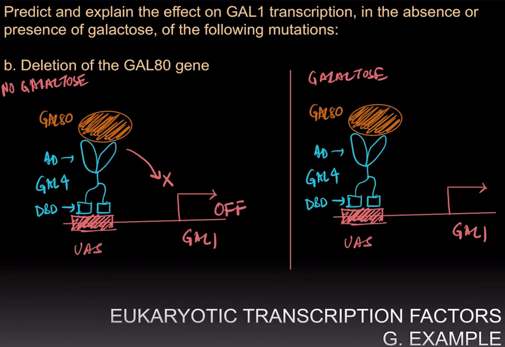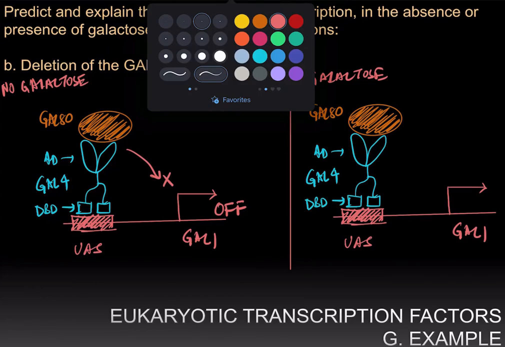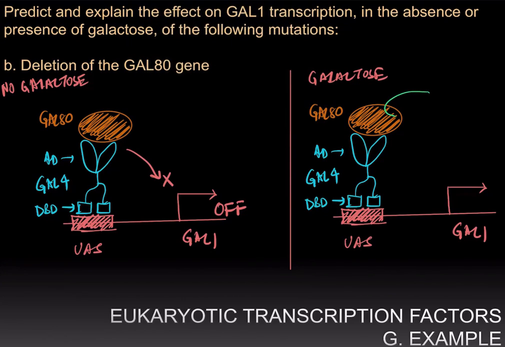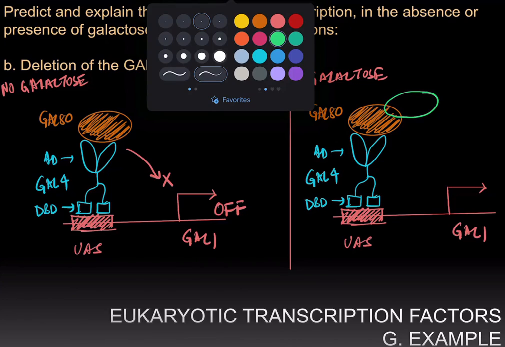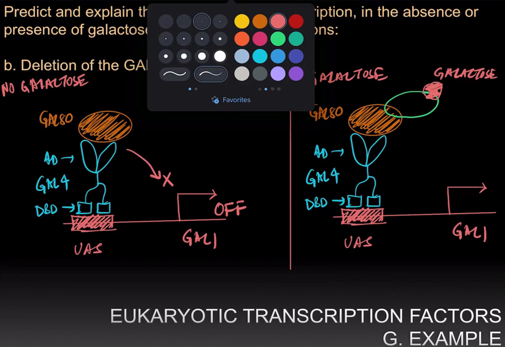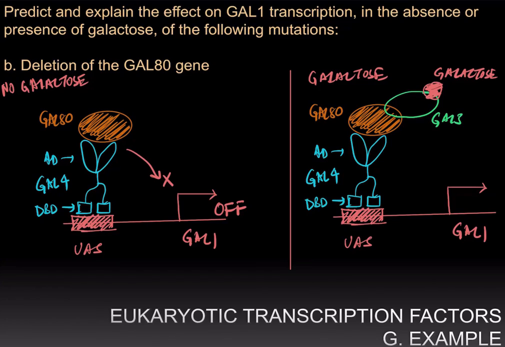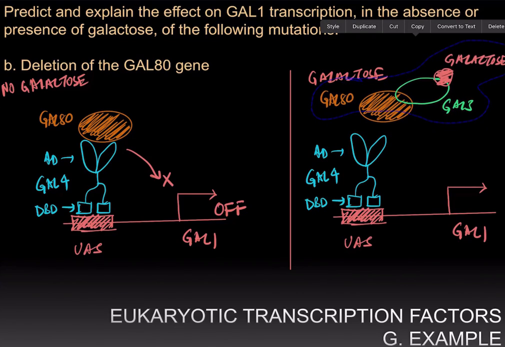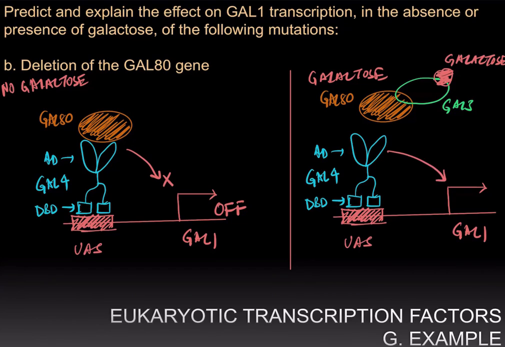Therefore, transcription will be off at the GAL1 gene, whereas when galactose is available, it will act as the allosteric effector for GAL3 and prevent GAL80 from binding the GAL4 activation domain, allowing the GAL4 activation domain to activate transcription, and the gene will be on.